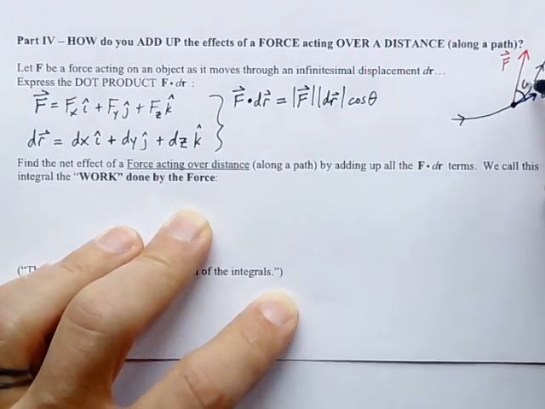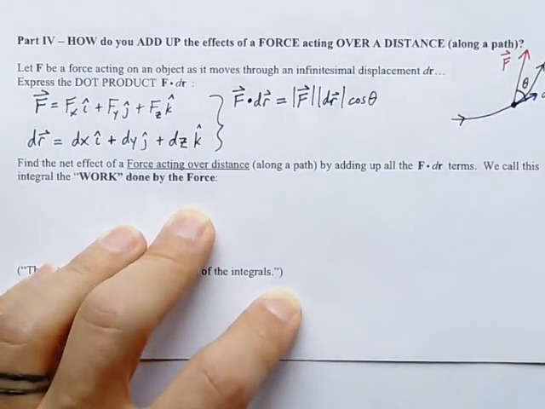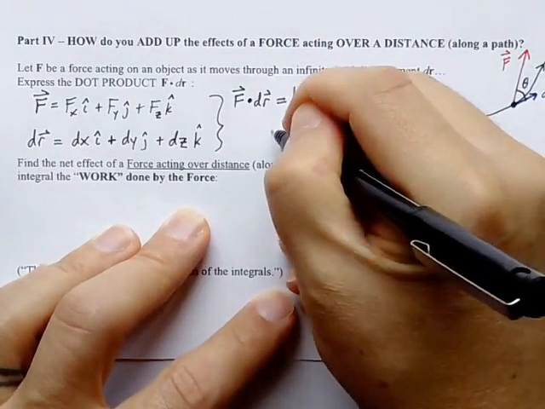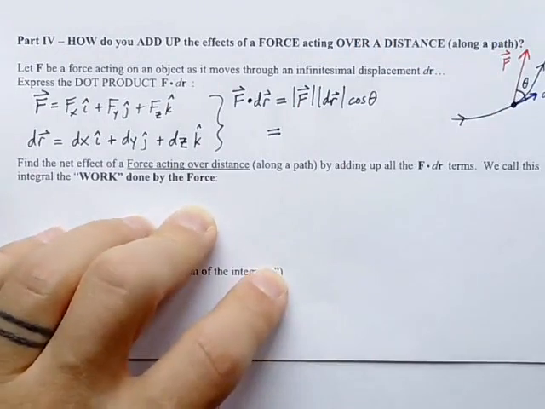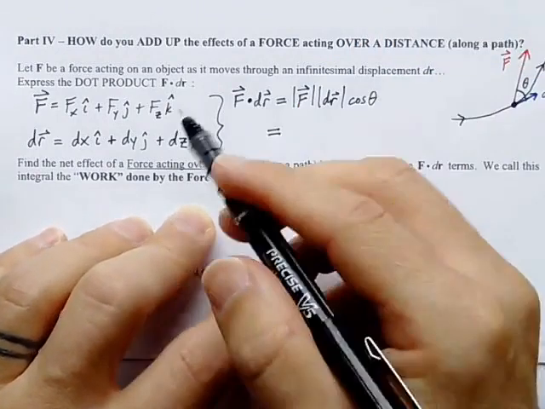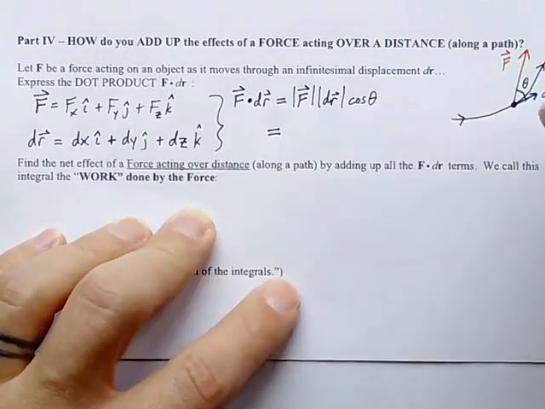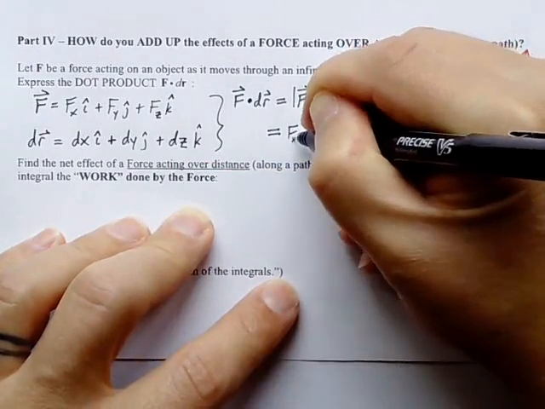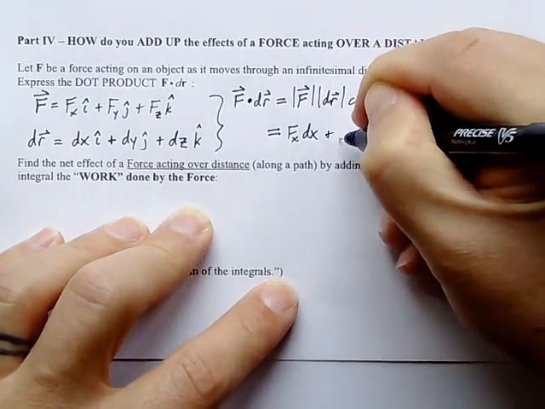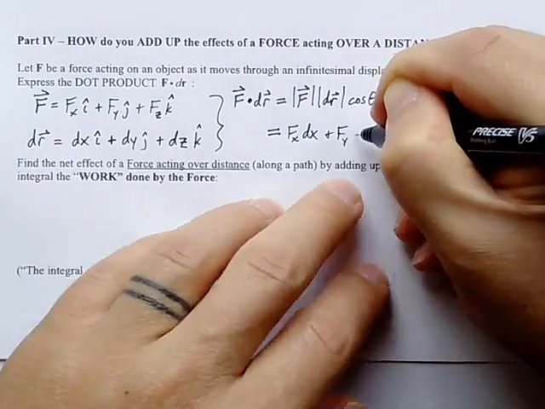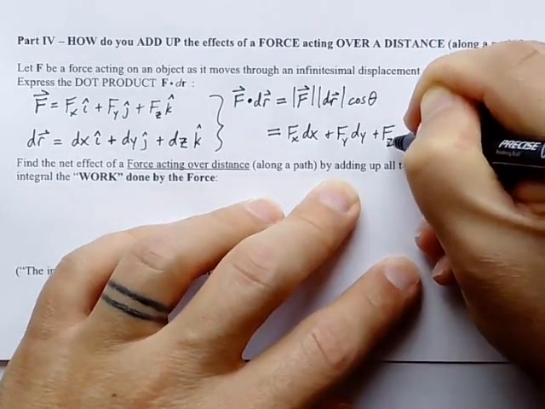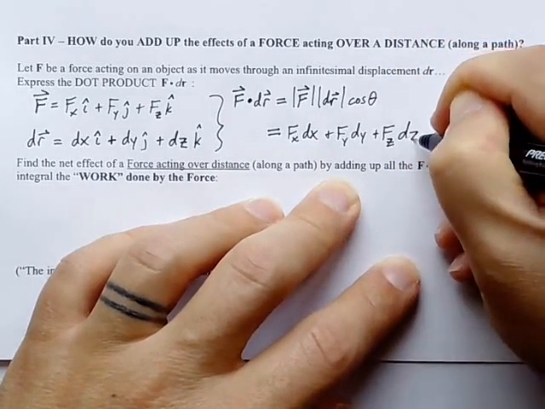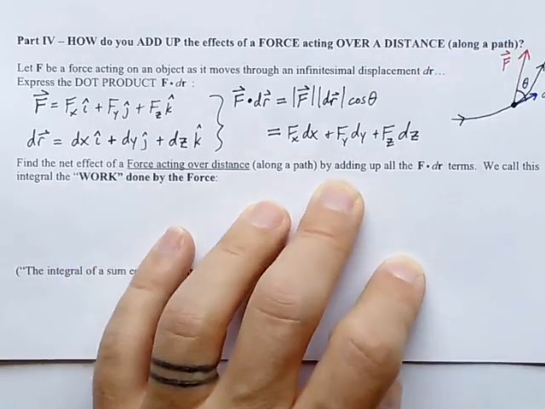That would be theta there, the angle between them. And our second equivalent definition for the dot product would be the sum of the products of their components. So Fx times dx plus Fy times dy plus Fz, the z component of the force, times dz, the small step in the z direction.